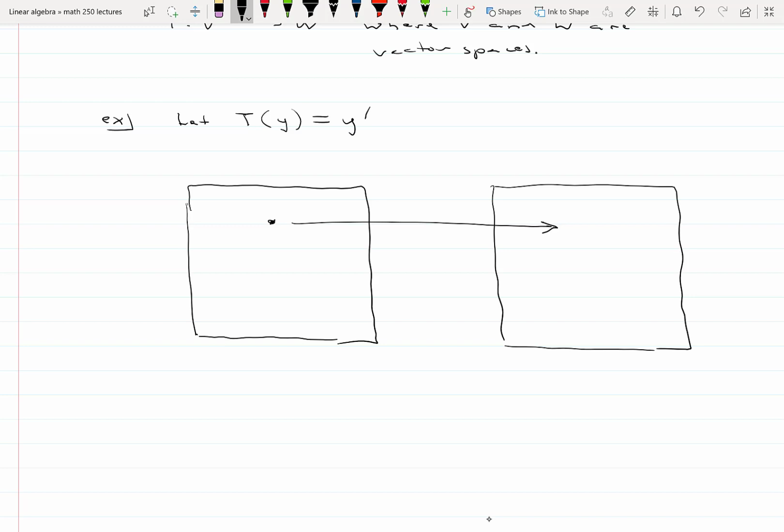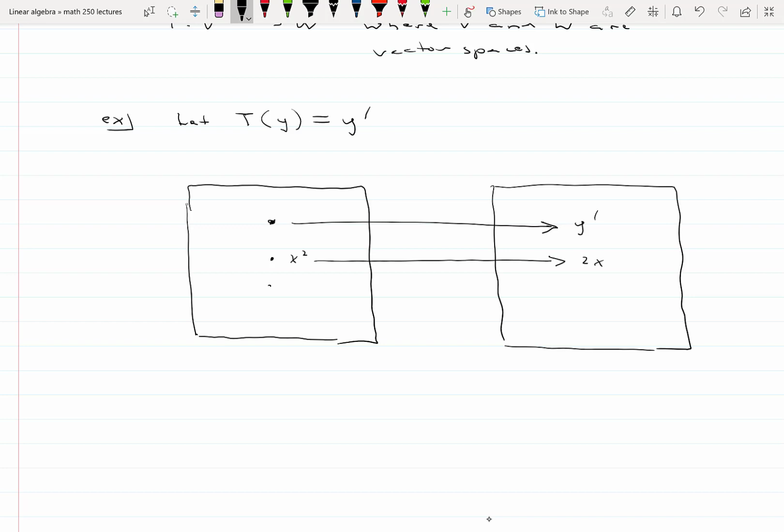It turns it into y prime, which I could represent as another dot if I wanted to. So here's another element of this first vector space, a specific one, x squared. T takes x squared and turns it into 2x.